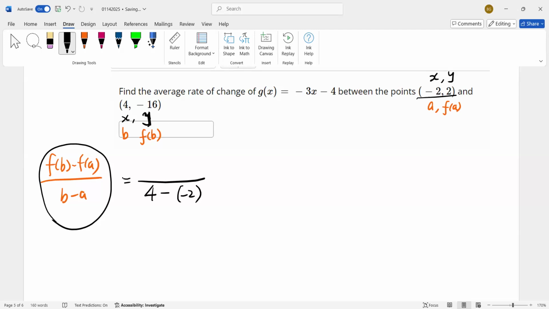Yeah. Because we have 2 pairs, that means we have 2 inputs. We have 2 values for x, 2 domain elements. One is -2, the other is 4. And the reason we put 4 first is because it's bigger, right? -2 is to the left of 4. So we use B minus A.